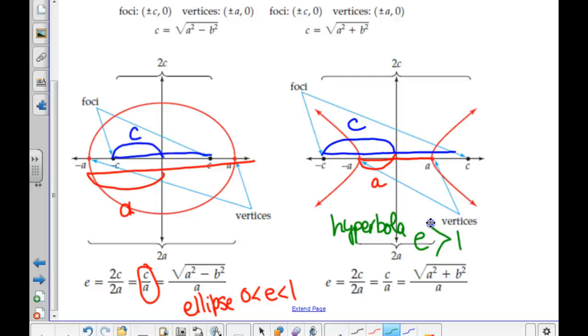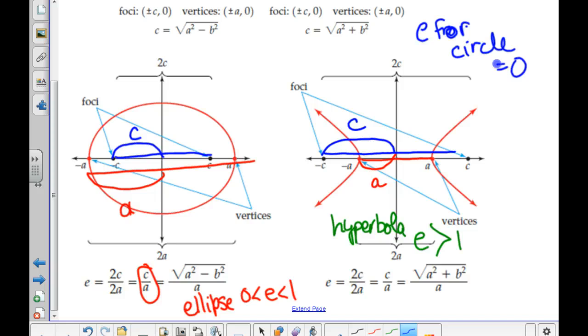Now, we have two conics we haven't talked about. Do you remember what happened with the circle? When we moved the foci right on top of each other, how far apart are they now? 0. So the eccentricity for a circle is going to be 0, because there's no distance between those foci.